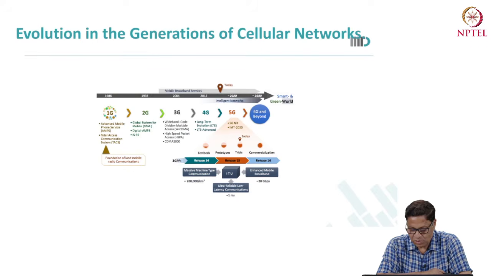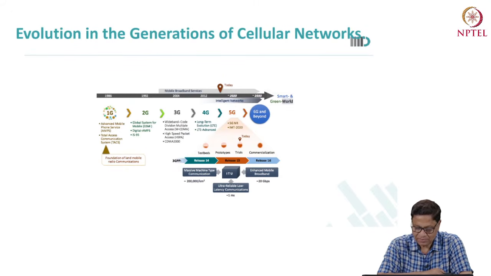One is enhanced mobile broadband, where the speed should be as high as 20 gigabits per second. It should support ultra reliable low latency communication of the order of 1 millisecond, and it should also support massive machine type communication, about 2 lakh devices per kilometer square. So these are the three things which the 5G system is able to support.